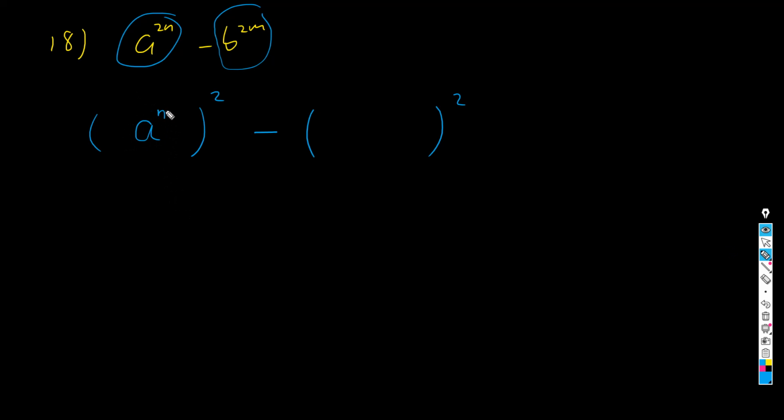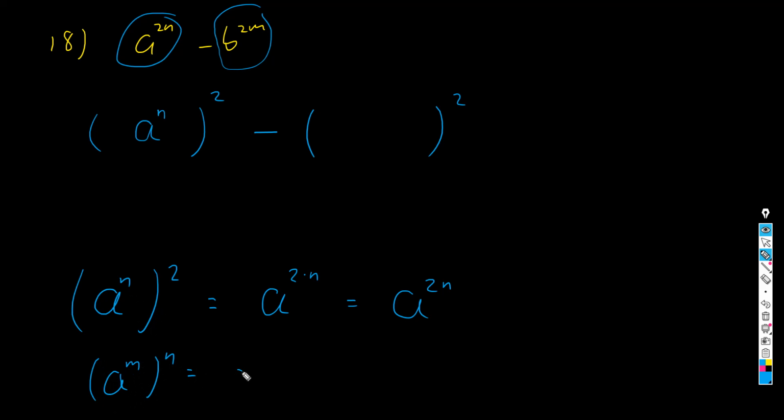Because a to the n, all of that to the square, is equal to a to the 2 times n, which is equal to a to the 2n. Why? Because we have the theorem of exponents, which says that a to the m to the n is equal to a to the mn. That's why I can do this.